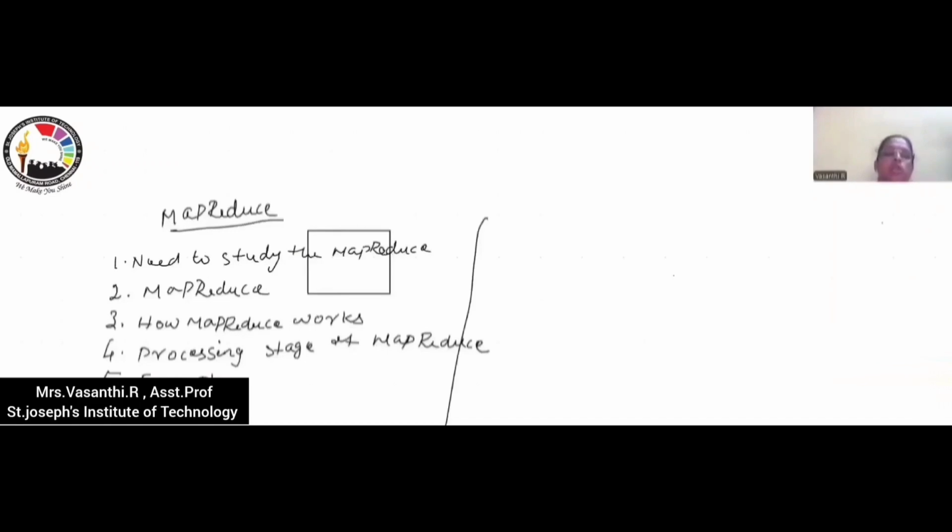MapReduce: a logical data flow in 5 processing stages. First one is input splitting.